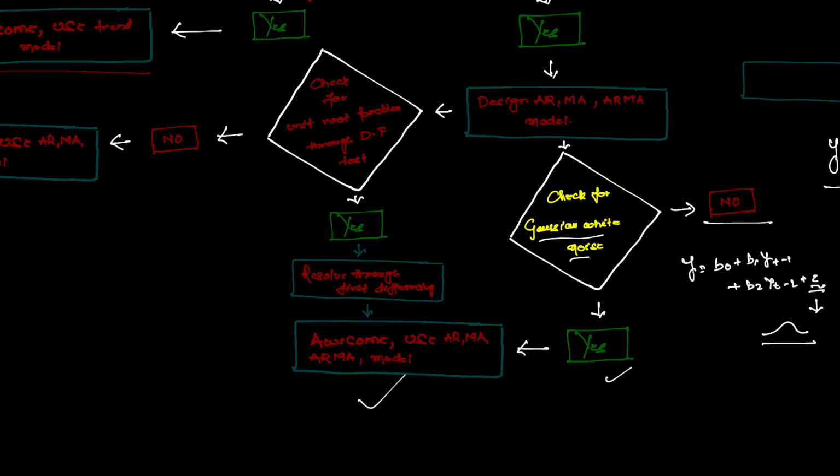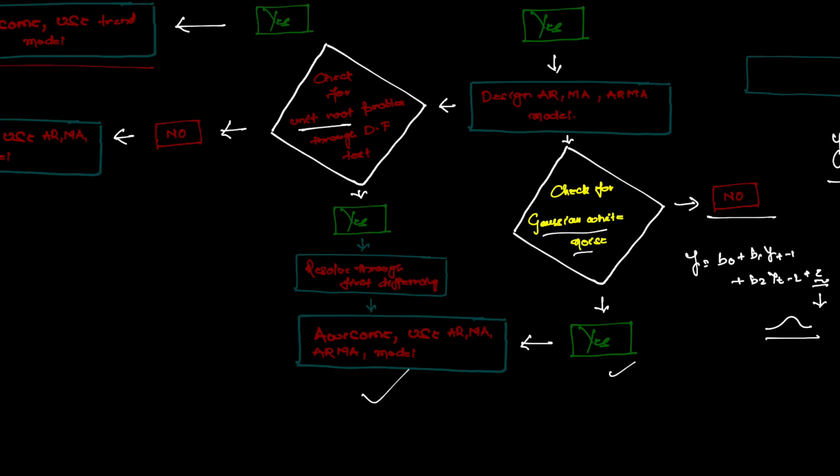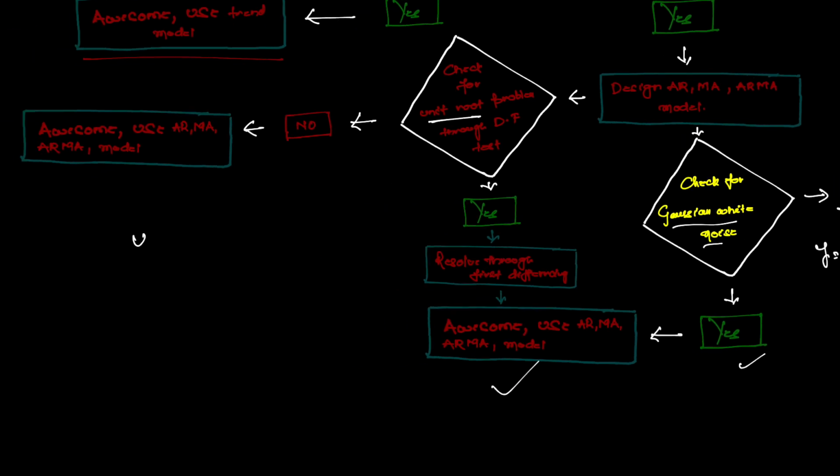Now, even after designing AR model, ARMA model, or MA model, you have to check for the problem of unit root, and the test that you need to know through which you will test whether there is a problem of unit root. The other name of unit root is what? Random walk.